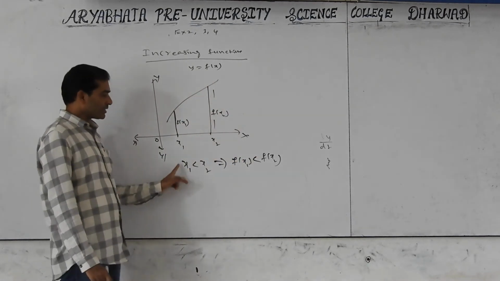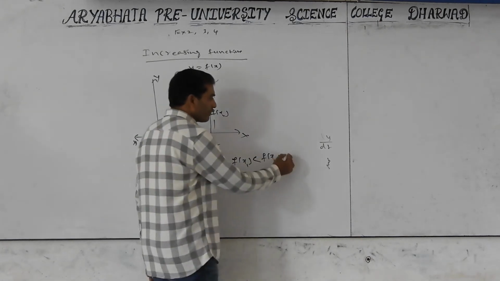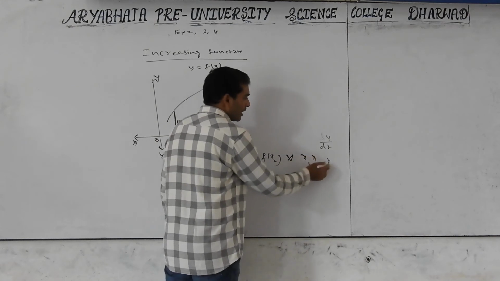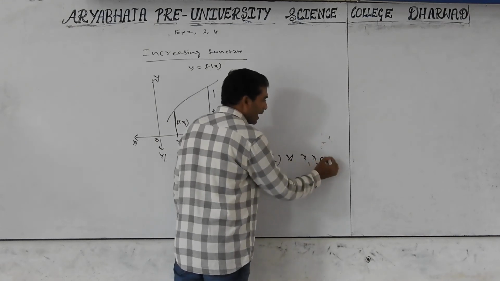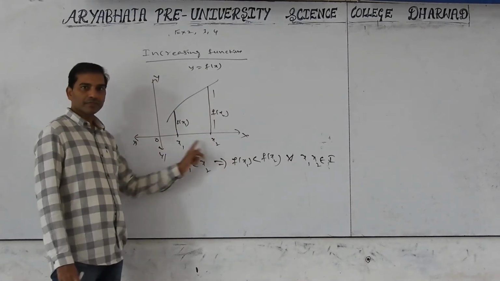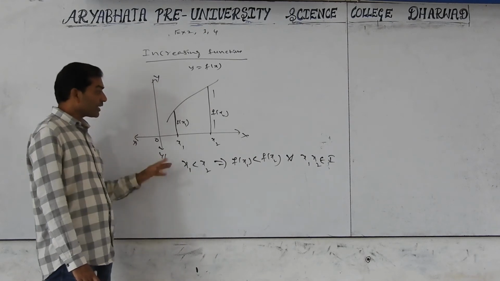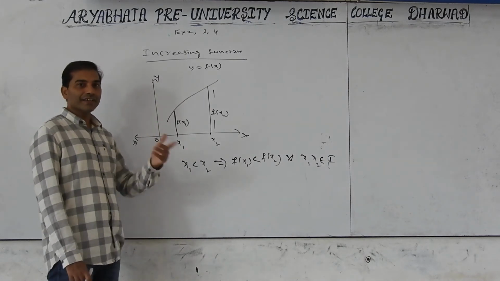If x1 less than x2, then f of x1 less than f of x2 for all x1, x2 belonging to I, where I is the domain of f of x, then the function is strictly increasing.